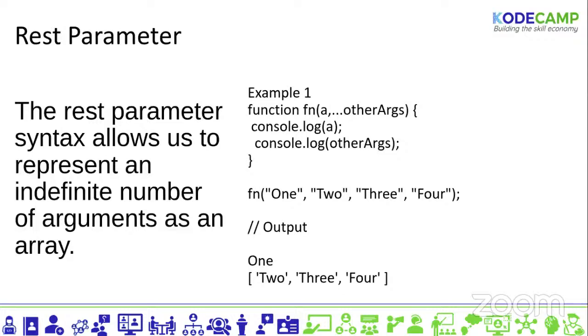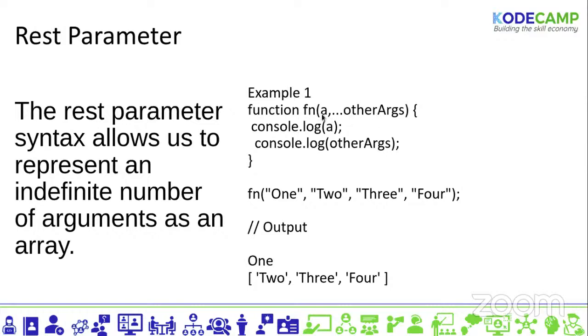Spread is mostly used with arrays to unpack the values of an array. But rest is used to get the arguments, like the value of this argument, as an array. The value of this argument can be a lot, can be plenty.